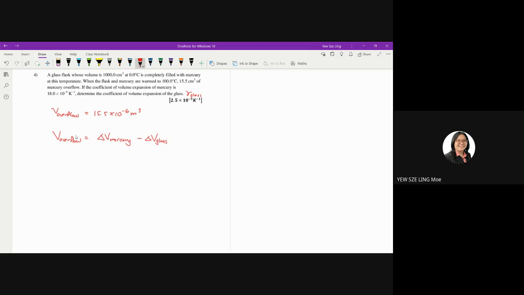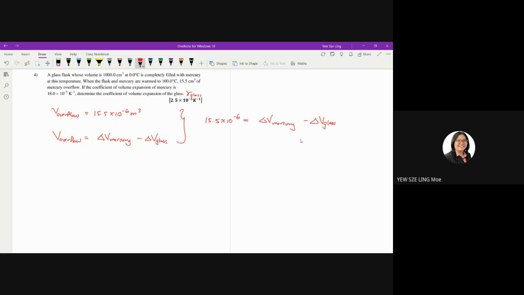Right. So combining these two pieces of information, we then know that 15.5 times 10 to the power of negative 6 is actually equal to delta V mercury minus delta V glass.